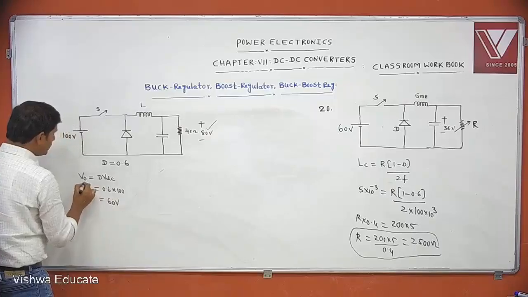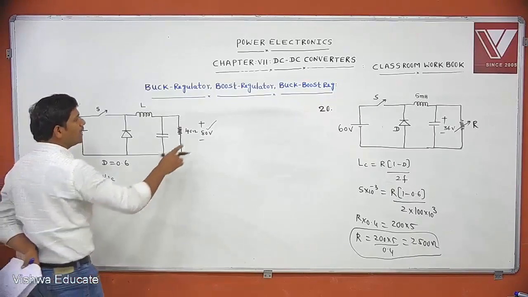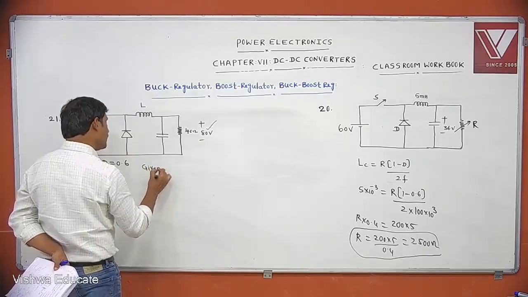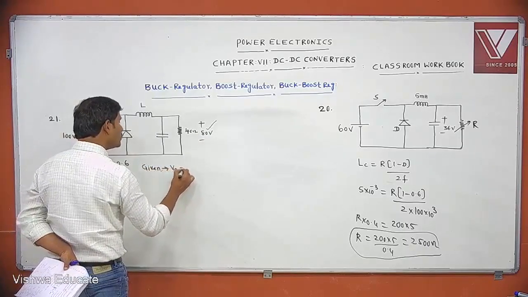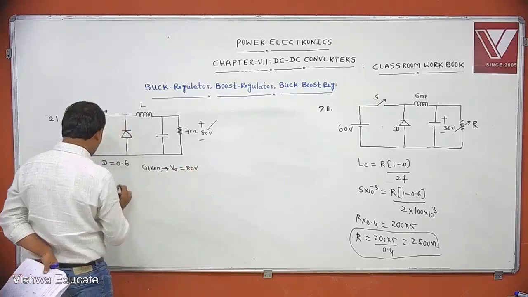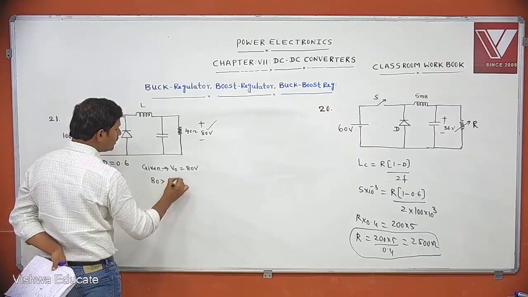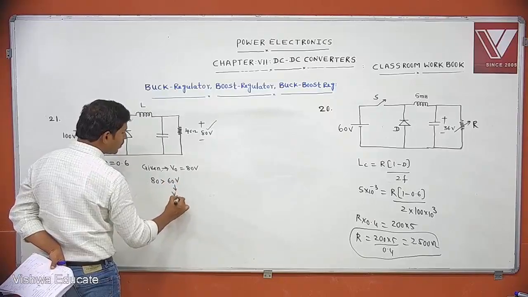This is the output voltage in continuous mode. But the given V0 is 80 volts, while the calculated V0 is 60 volts. 80 volts is greater than 60 volts.